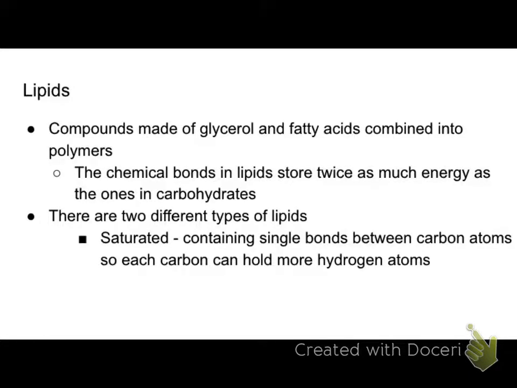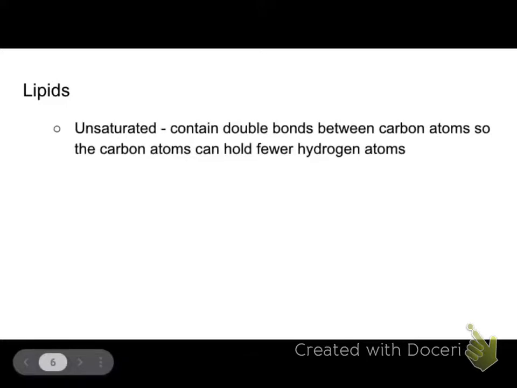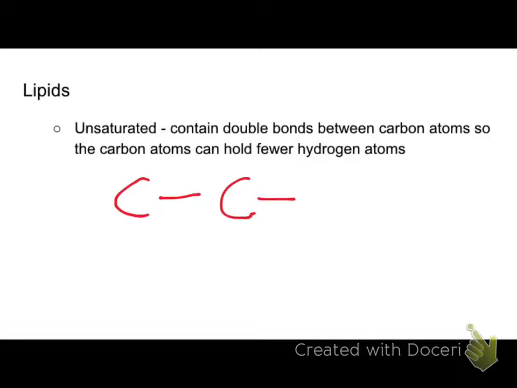The second type we're going to talk about are called unsaturated, and these guys contain double bonds between carbon atoms, so they can't hold on to as many hydrogen atoms. So if I was going to draw that, if you remember before, we had just a single bond here, right?